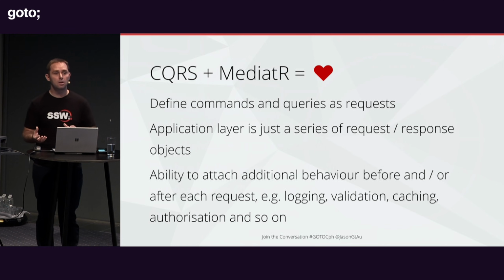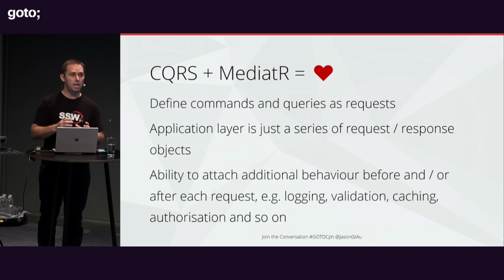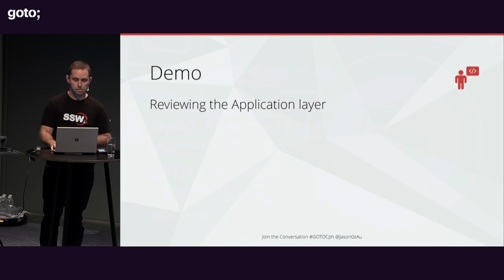So with Mediator, we can attach behavior before and or after each request. So if we need to implement some cross-cutting concerns in the application layer, then we can do that very easily. So for example, if we wanted to validate every single request that comes in through the application layer, well, we can do that, and that's already in this solution. So let's have a look.